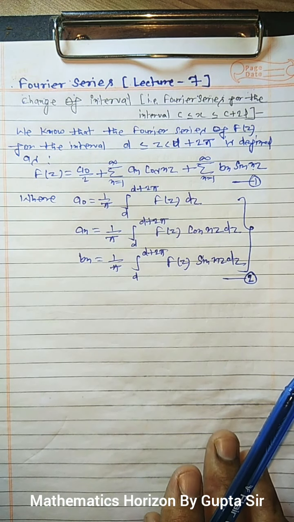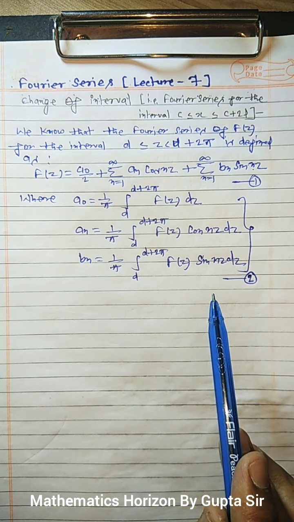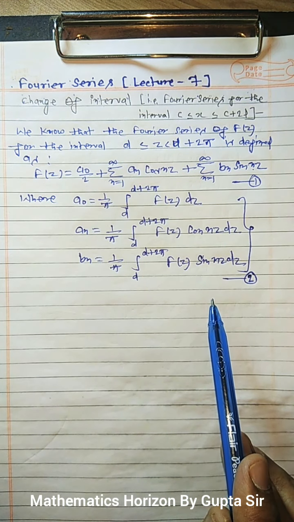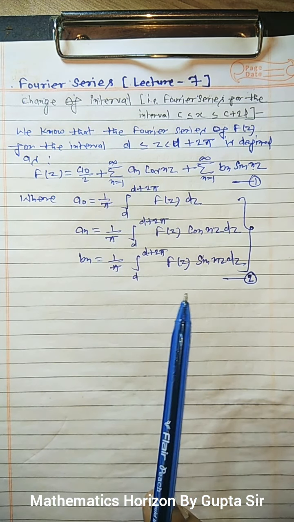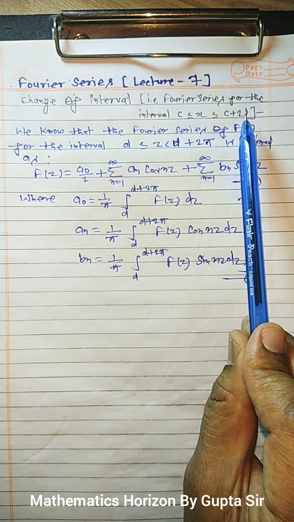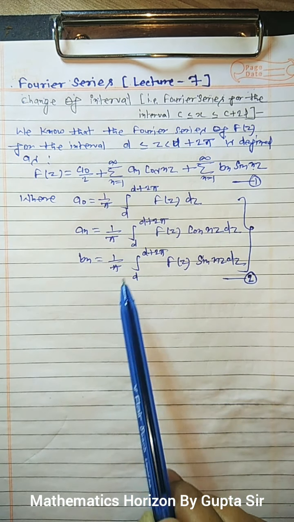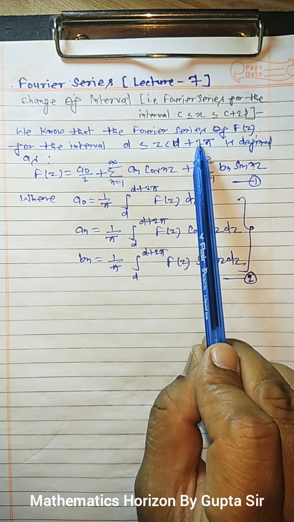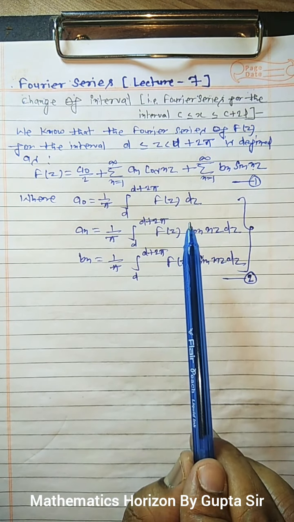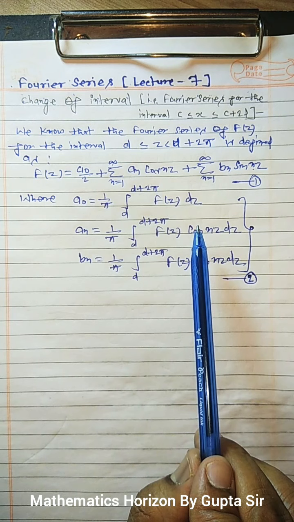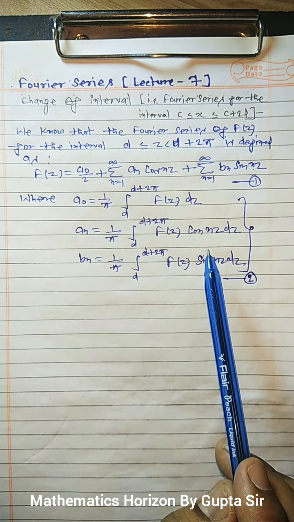As we know, in many engineering problems it is required to expand a function in a Fourier series over an interval of length 2l instead of 2 pi. The transformation from the function of period 2 pi to those of period 2l is quite simple. This can be achieved by a transformation of the variable.